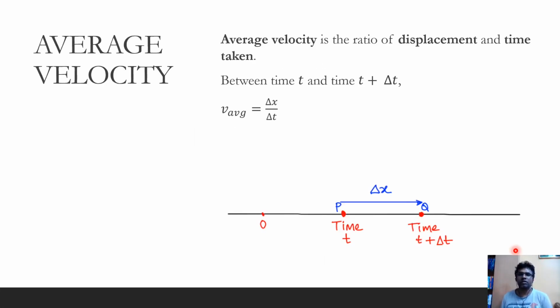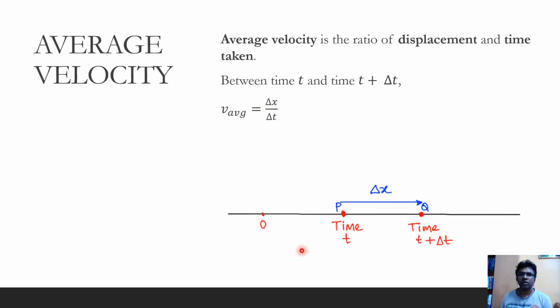Average velocity gives us an idea about how the position of an object changes in a given time interval. Here the change in position is displacement, so the average velocity is the ratio of the displacement and the time taken. If you take two moments in time, t and t plus delta t, a small change in time, and here this could be slightly large as well, the average velocity is simply the displacement divided by the time interval.